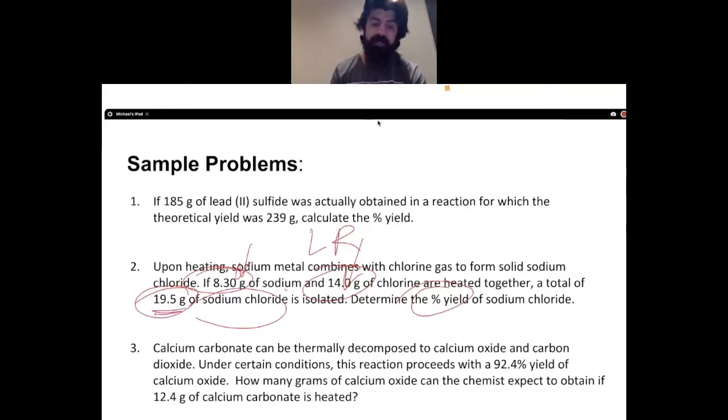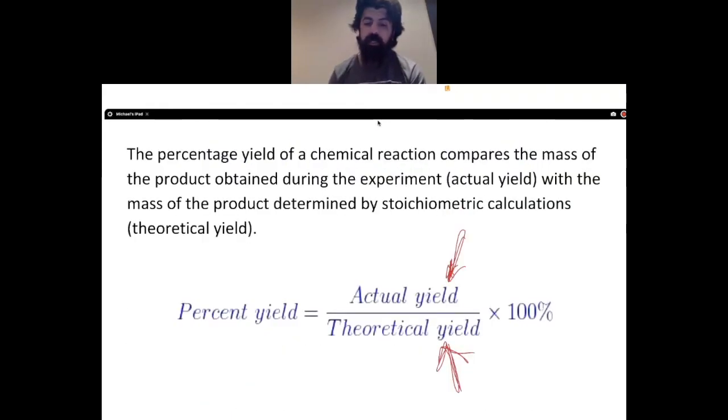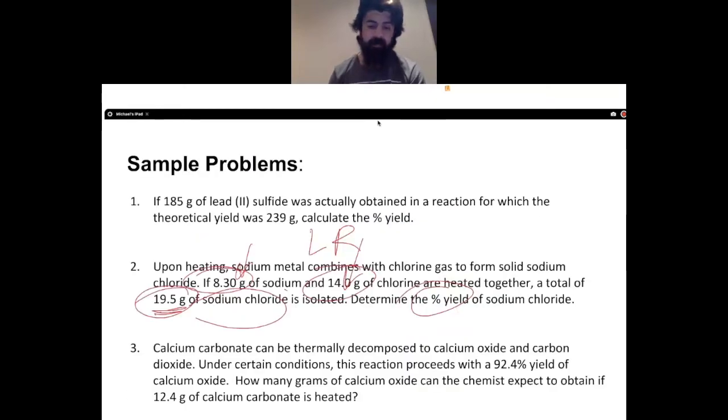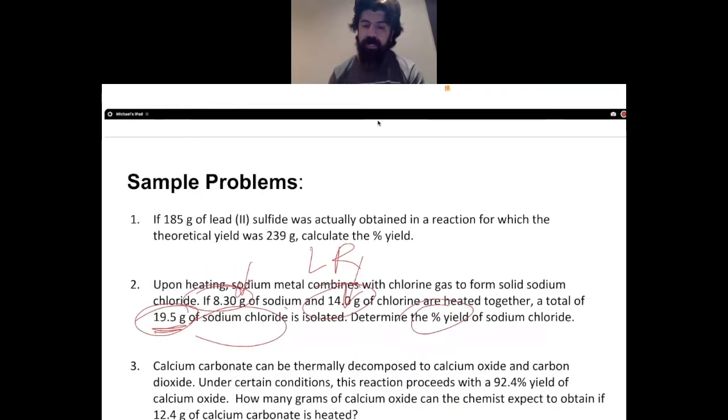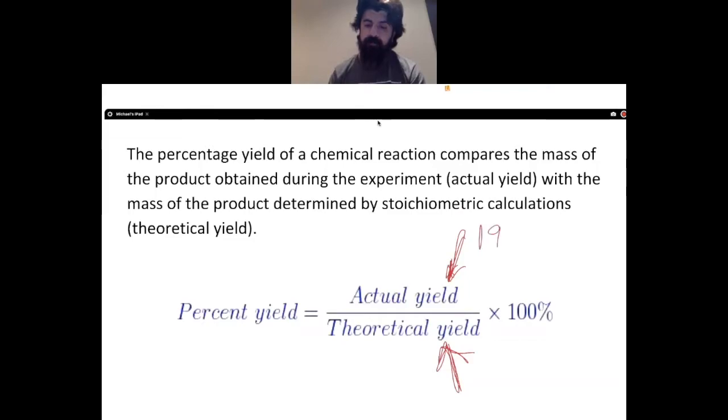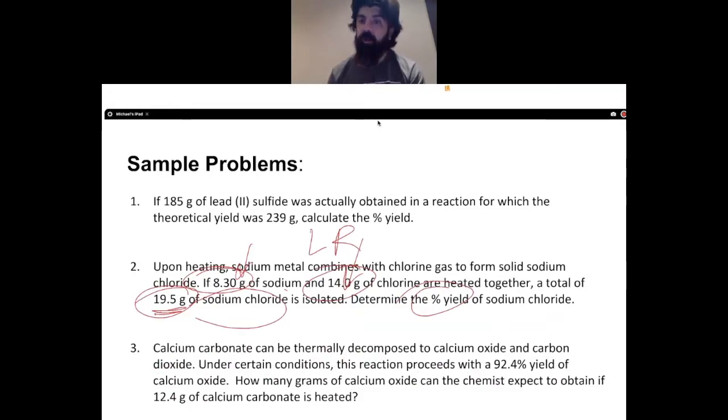But this mass here is to be used at the end when we are using this equation. So this number here, this 19.5 grams, in fact, would be there. So what we're going to be finding out here is that theoretical mass of sodium chloride.